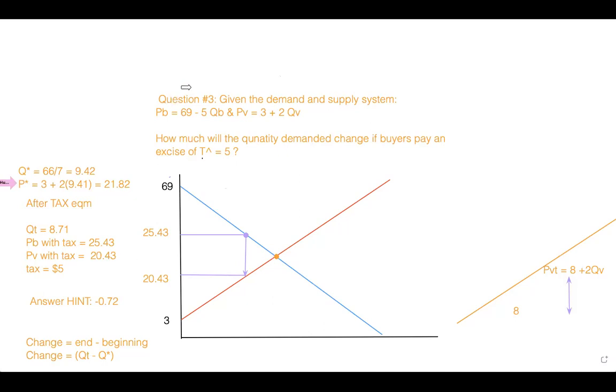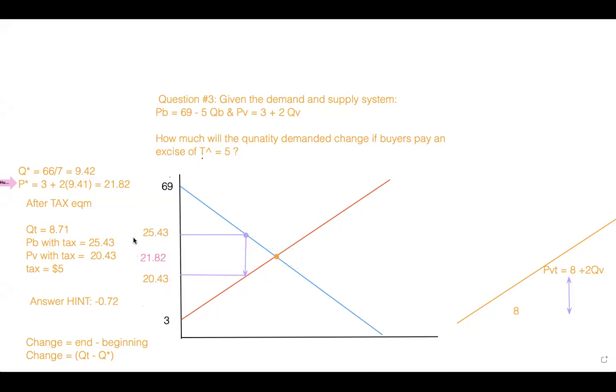So before there was any tax introduced in this market, the buyer was paying $21.82 for the good. And actually I want to do that in pink just to make it different. $21.82 for the good before there was any tax introduced.